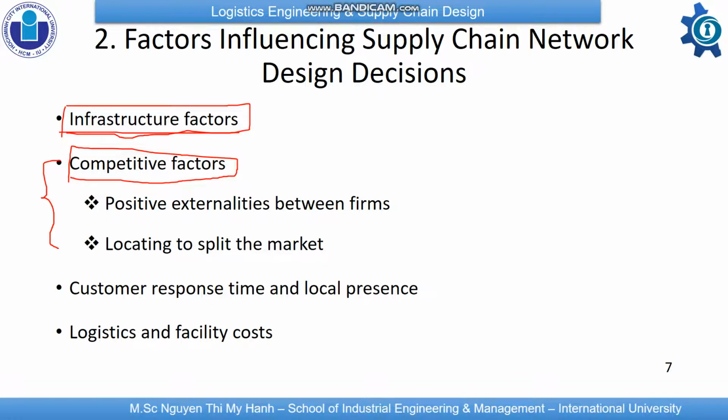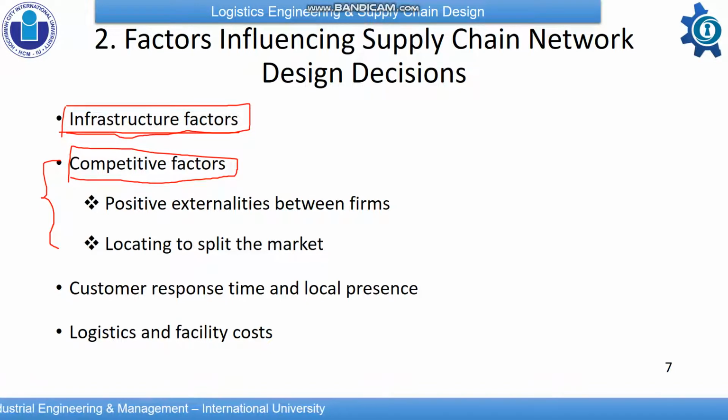The logistics and facility cost. They have to consider the inventory, the transportation, and facility cost when they design their supply chain networks. When the number of facilities in a supply chain increases, the inventory and the facility cost will increase.